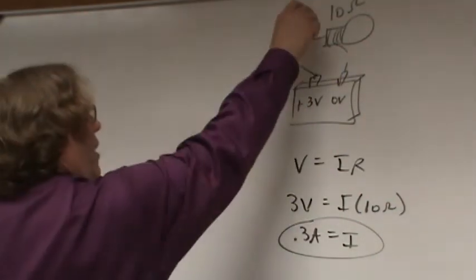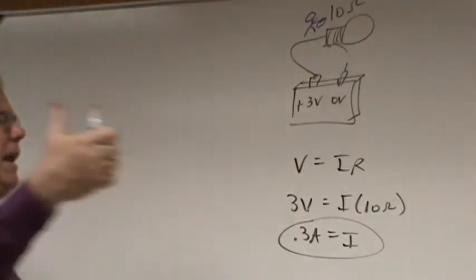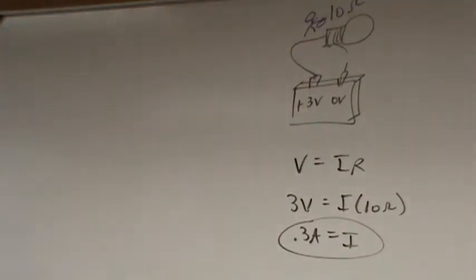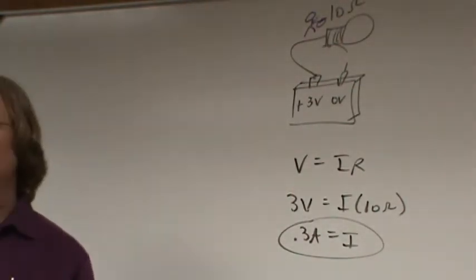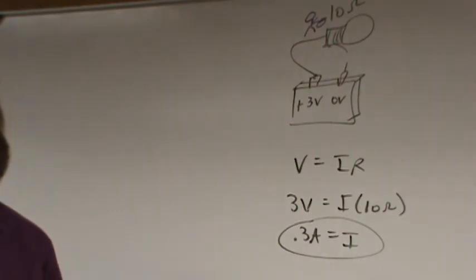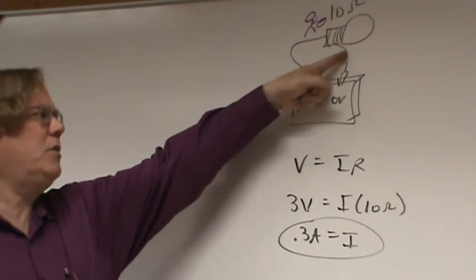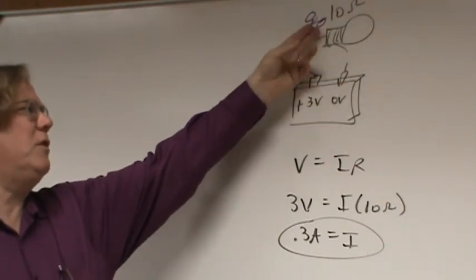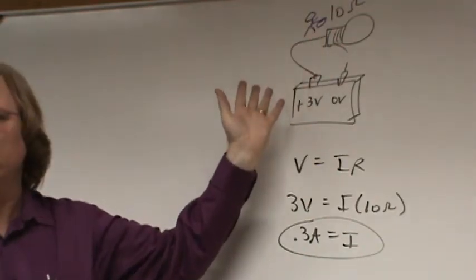That is, if a person was standing here with a stopwatch, would that person still be able to count 0.3 coulombs of charge going past every second? How many people say, yeah, sure? How many people say no? Yeah, good for you guys. Because once you make this cut here, no charge can get past here, which means you just get this big traffic jam, and now nobody's moving, no charge is moving.